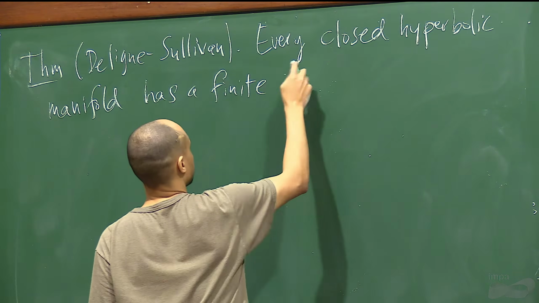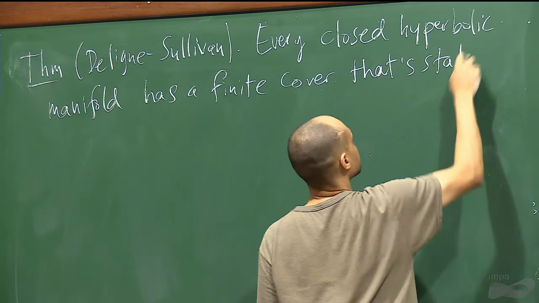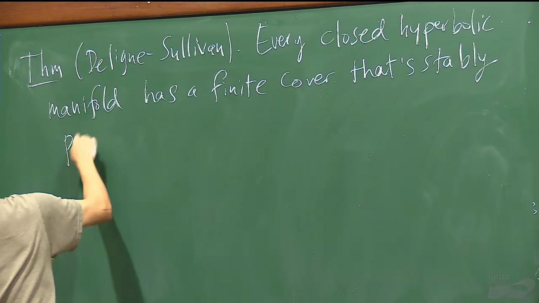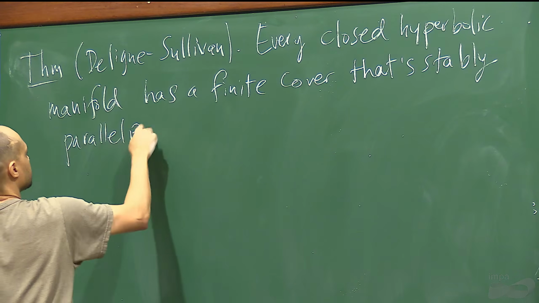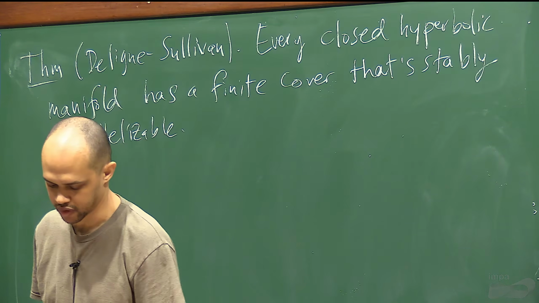So it's virtually stably parallelizable. Many problems are solved by passing to a finite cover. At the beginning, it was putting a negatively curved metric. Here, getting the tangent bundle to be stably trivial.